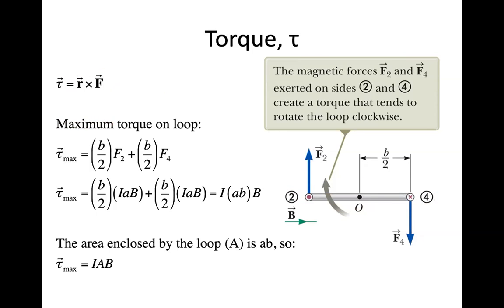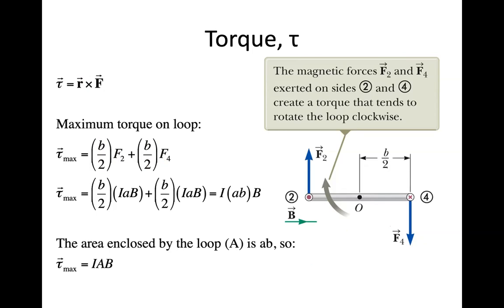On one side, the distance to the force is b over 2, and the force itself is force 2, right? Remember that this whole thing was b, so this side is b over 2, and this side is b over 2. So the distance is b over 2. And the force, well, one of them is F2 and one of them is F4.